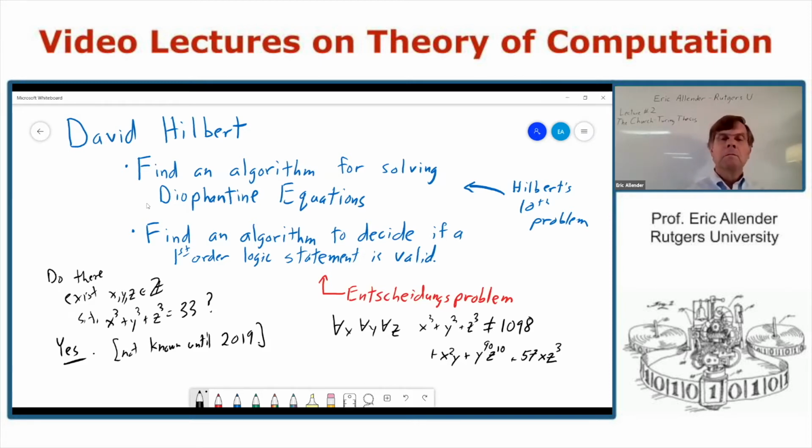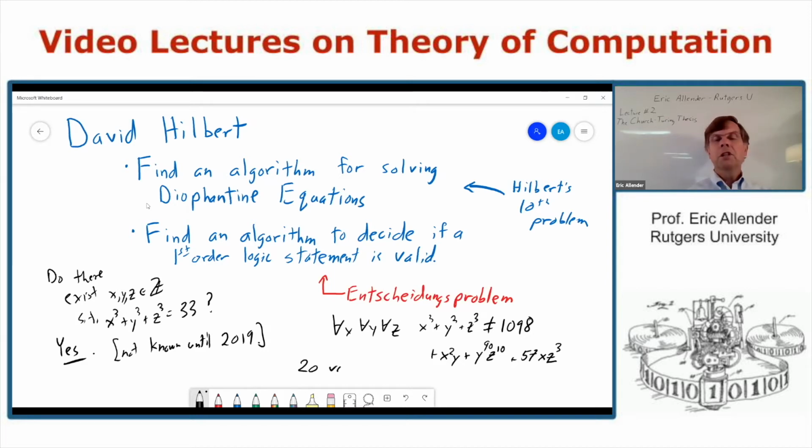Much later than the work of Church and Turing, it was proven, building on a lot of intuition that people had, that in fact there is not an algorithm for this, at least not if there are, let's say, 20 variables.